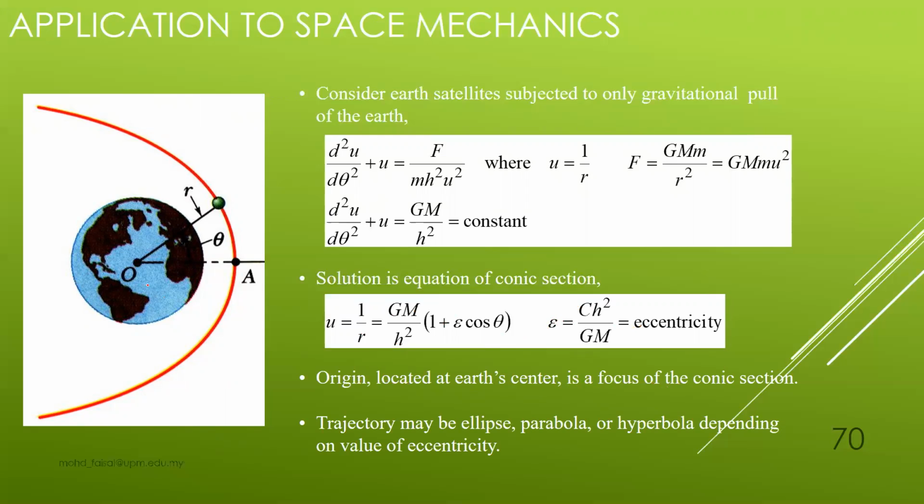So this trajectory may be an ellipse, parabola, or hyperbola depending on the value of eccentricity. This particular value will determine whether it is an ellipse, parabola, or hyperbola.